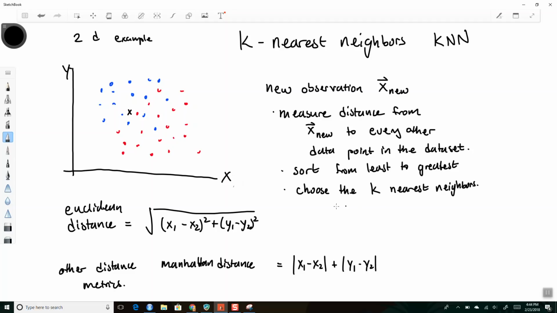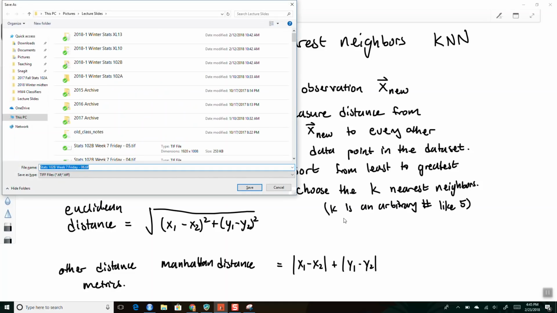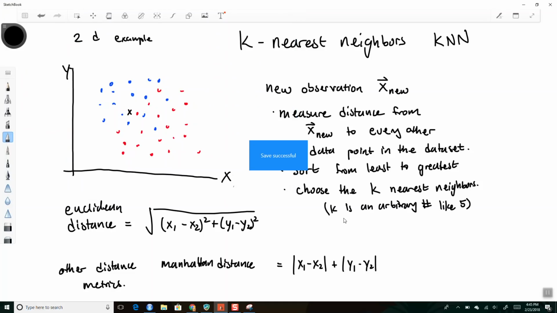K is an arbitrary value, a number like 5. Usually we like odd numbers, especially if there's 2 classes, because you won't end up with a tie. And then each neighbor votes their class.